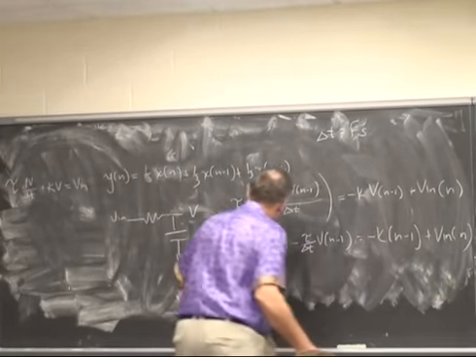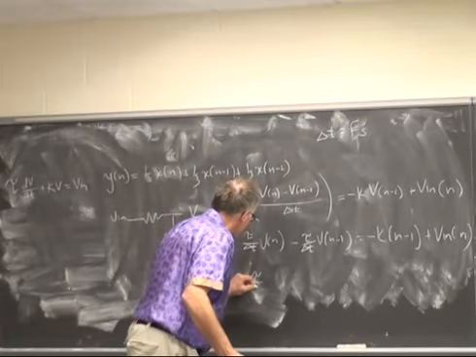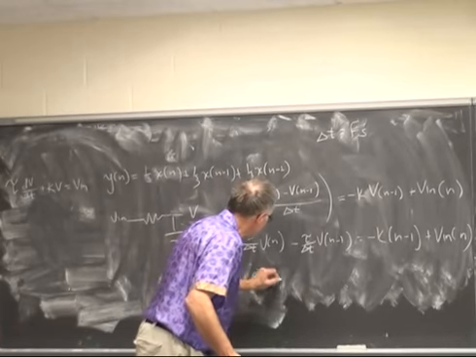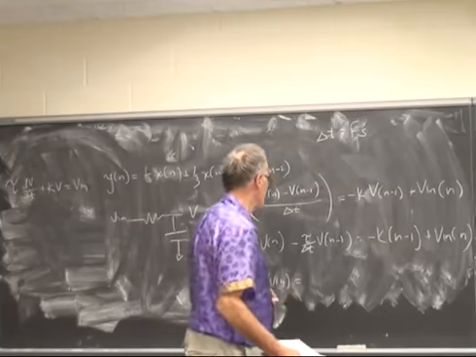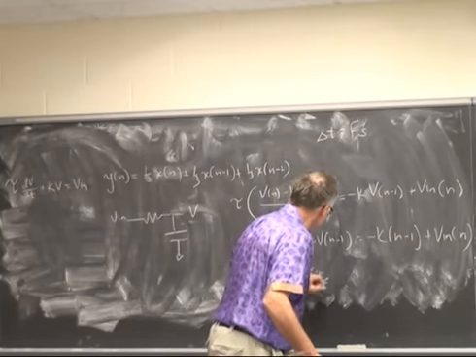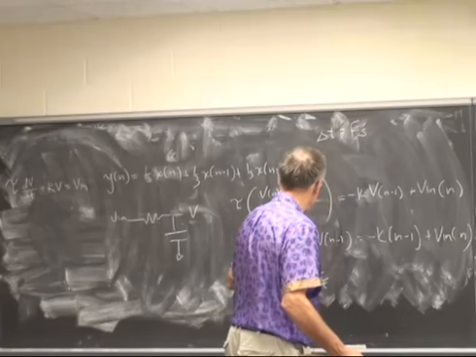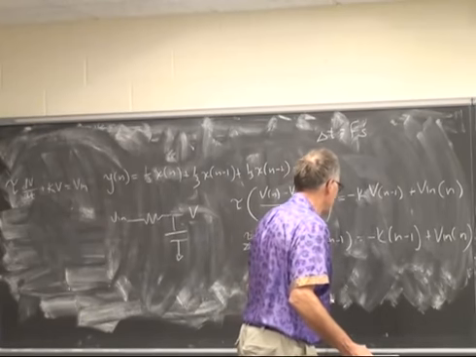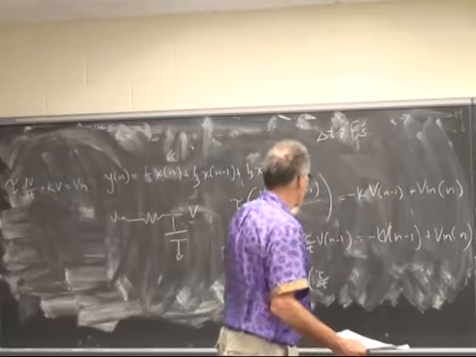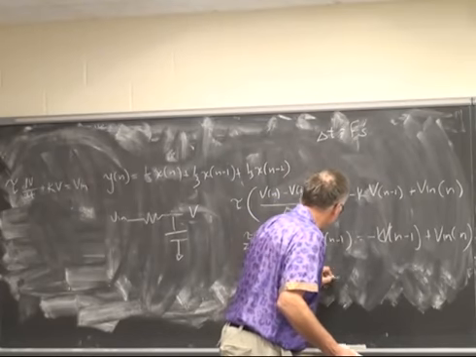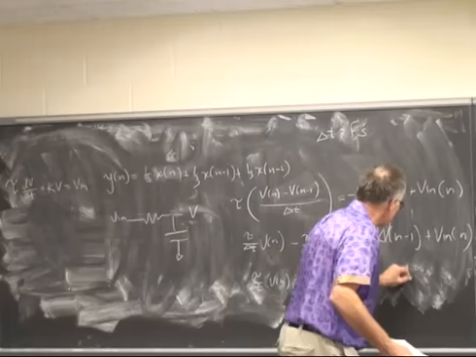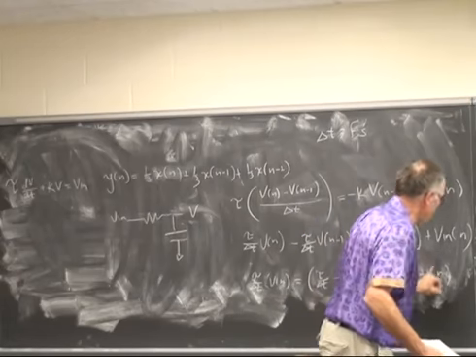We have tau over delta t times Vn equals tau times delta t over, minus k times V of n minus 1 plus V in of n.